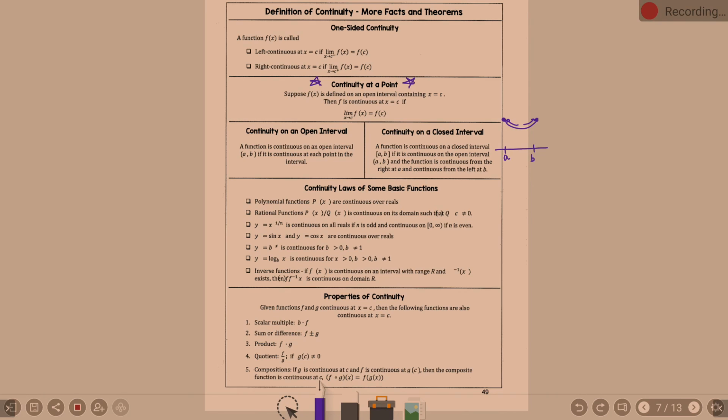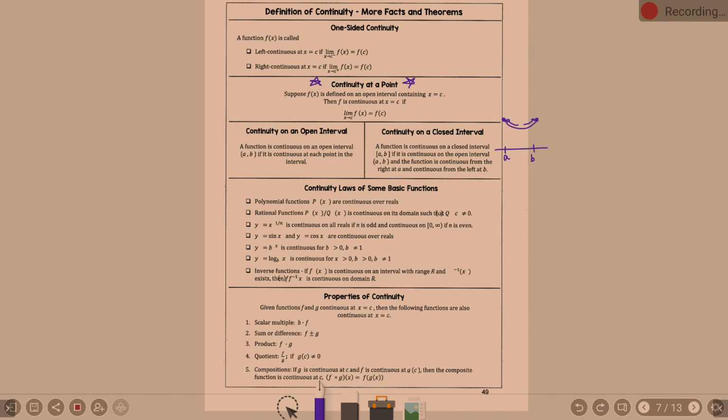Polynomials are always going to be continuous, no matter how many terms you add, as long as it follows polynomial rules.